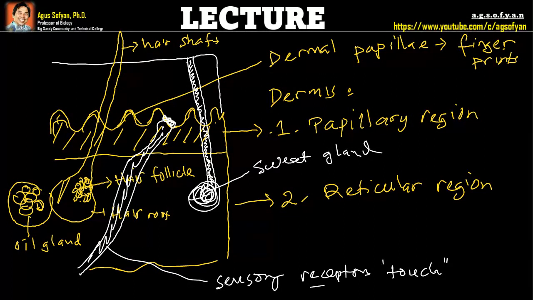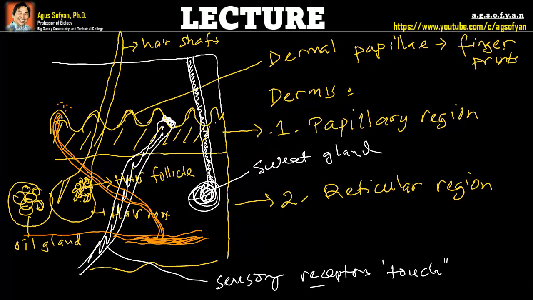And of course, there will be blood vessels in this dermis, and these blood vessels will reach to the epidermis, so they give blood to the epidermis. So the epidermis actually does not have blood vessels.